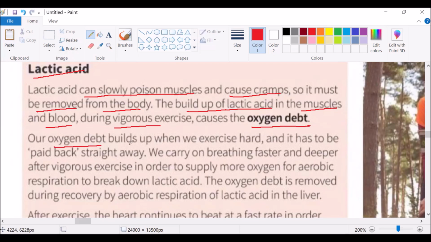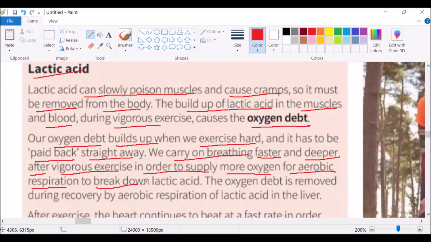Our oxygen debt builds up when we exercise hard, and it has to be paid back straight away. We carry on breathing faster and deeper after vigorous exercise in order to supply more oxygen for aerobic respiration to break down the lactic acid.